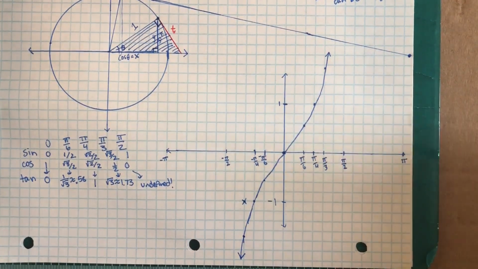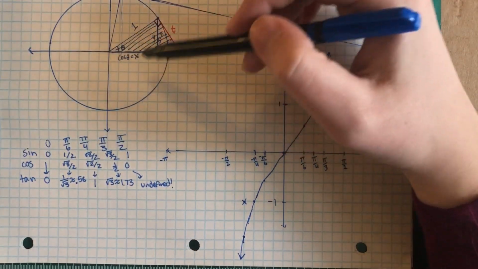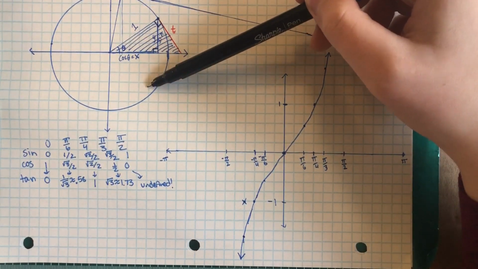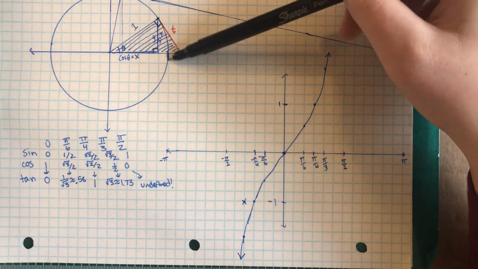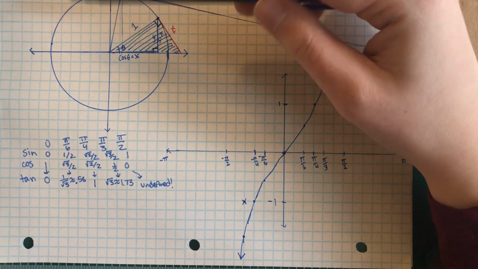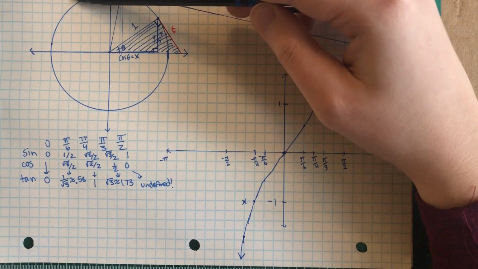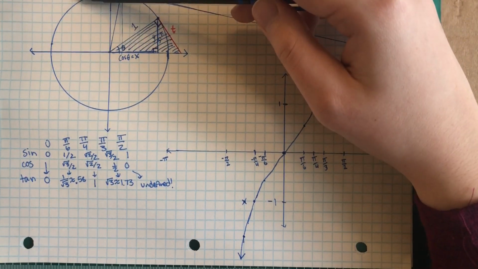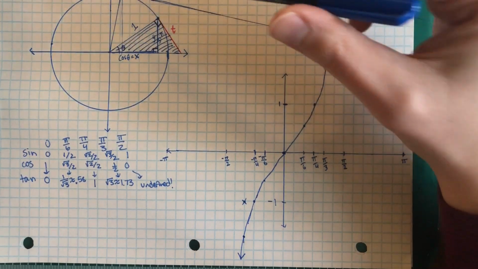We can't do pi over 2, but we could actually keep going. And just like over here, where the x-coordinates were all positive, the y-coordinates were all negative, in this quadrant the x-coordinates are negative, the y-coordinates are positive. We're going to get negative values of tangent again.